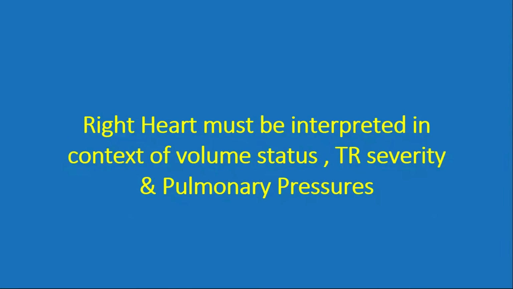And another tip is the right heart must be interpreted in the context of volume status, the TR severity, and the pulmonary pressures. Because you can't just be interpreting as per the dimensions. You need to put everything in context. And also, of course, the IVC is an important part. The dilatation of IVC and the collapsibility are also to be interpreted in context.